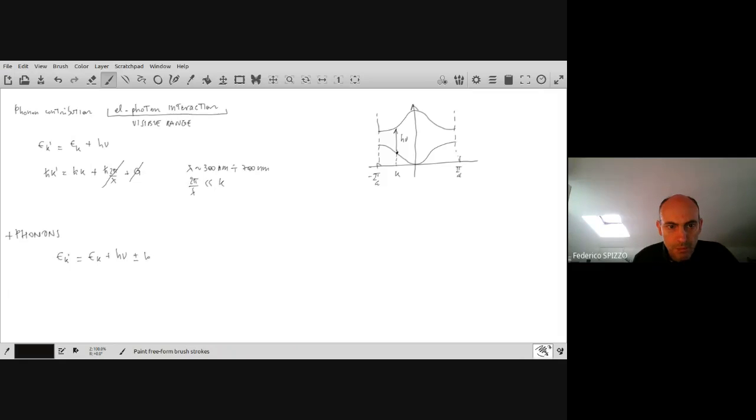Then we have plus or minus the energy contribution that is due to the phonon, plus for absorption or minus for emission. We have also the crystal momentum conservation, so the final value for the electron is equal to the initial one. Then we have the contribution of the photon, then we have plus or minus h bar q, and then we have G.